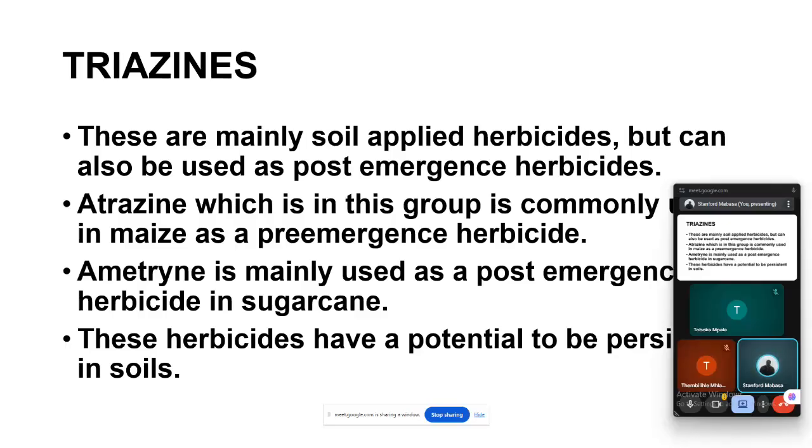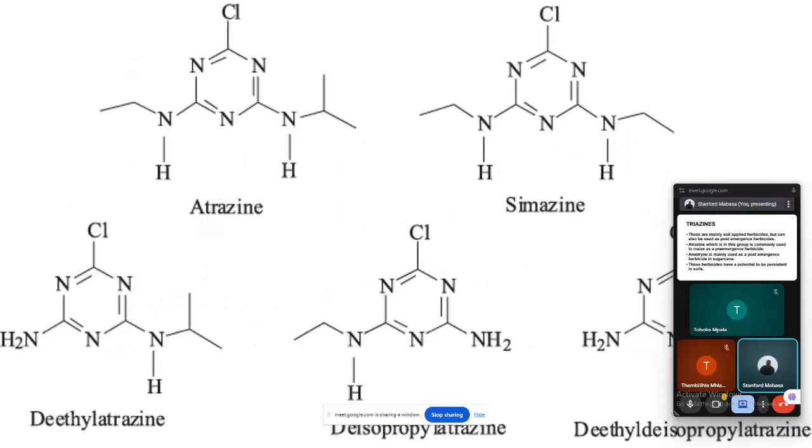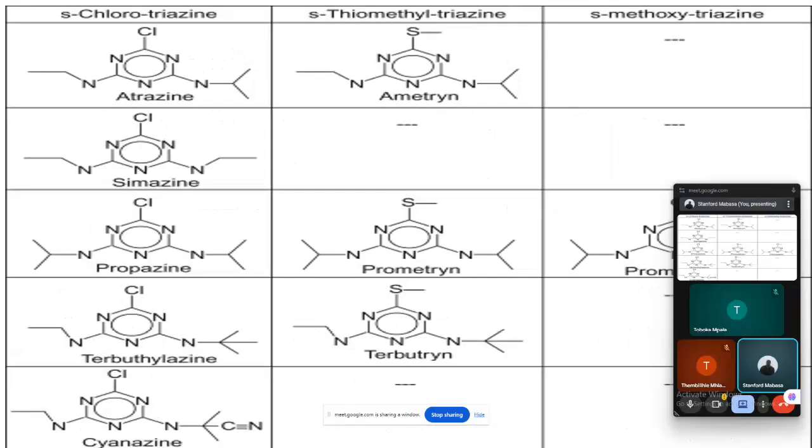Ametryn is normally used in sugarcane, and these herbicides can be persistent in soils. So these are some examples of triazines: atrazine, simazine, etc. Again, different types of triazines. They have a basic similar structure which varies depending on what is added to them.